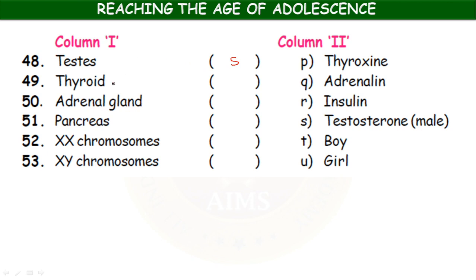Thyroid produces thyroxine, P. Adrenal gland produces adrenaline, Q. The pancreas produces insulin, R. XX chromosomes represent the girl. XY chromosomes represent the boy.